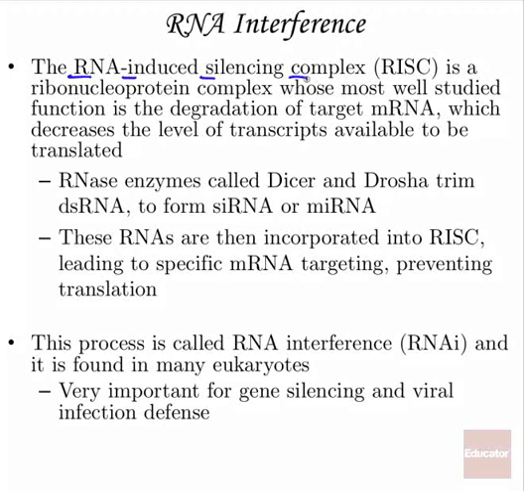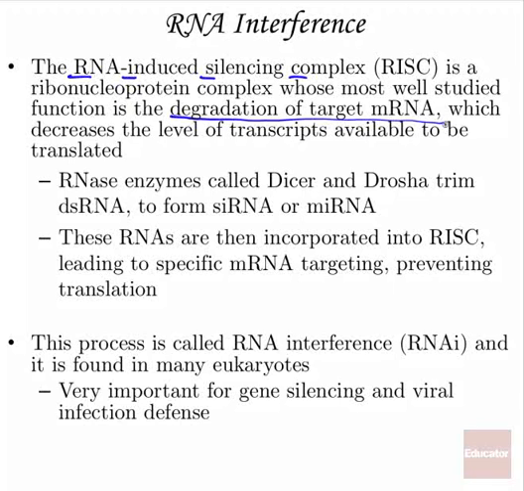Okay, and this complex has been most well studied for having a function in the degradation of a specific target mRNA. Okay, and if you target mRNA to be degraded, that will decrease the level of the transcripts available to be translated. So therefore, in essence, it is functioning to decrease gene expression of a specific gene.